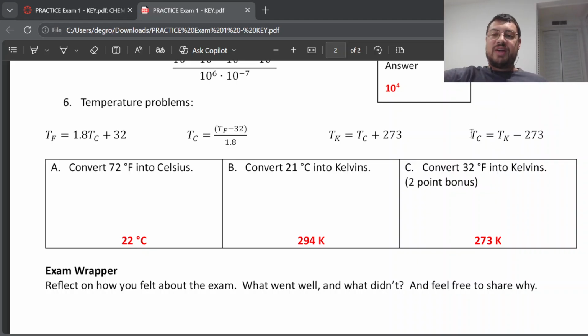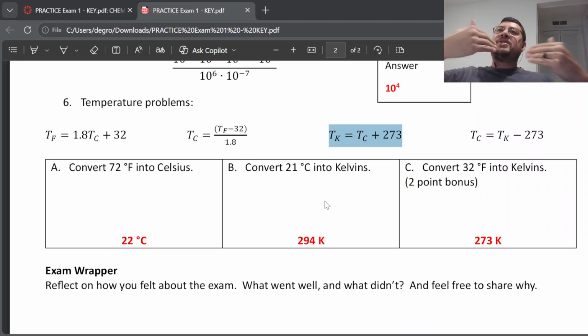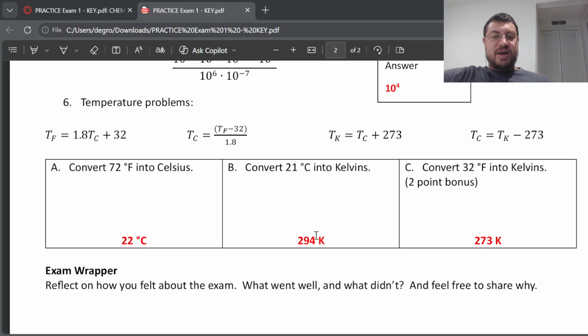You'd have 21 here, and then you'd have to add 273 to both sides. So there's always a most convenient equation to use, but if you're getting confused, just use both equations, and then you'll figure out in hindsight which one was more convenient. So 21 plus 273 is 294.